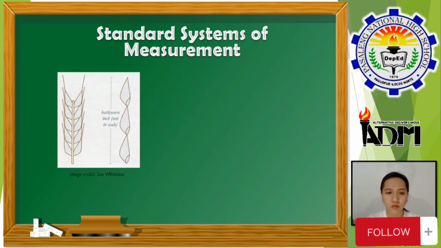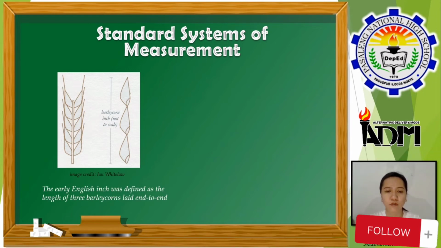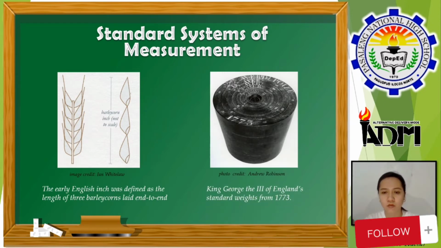Okay, so here is an example of the imperial unit or the English system. The early English inch was defined as the length of 3 barley corns laid end to end. And the next one is King George III of England's standard weights from 1773.